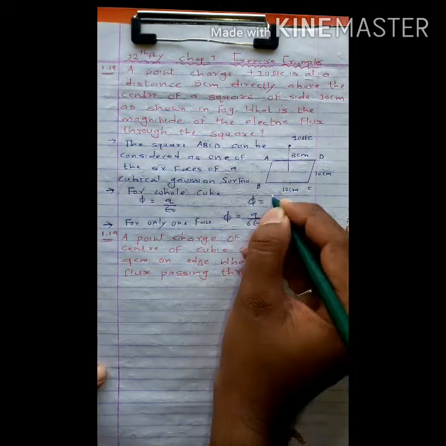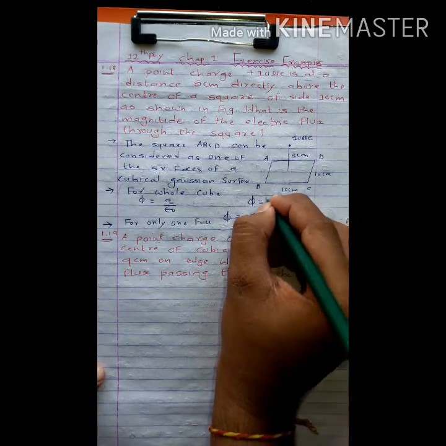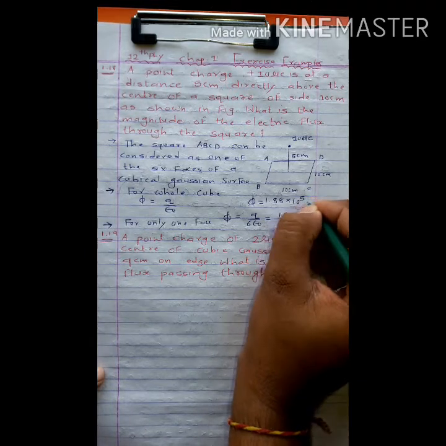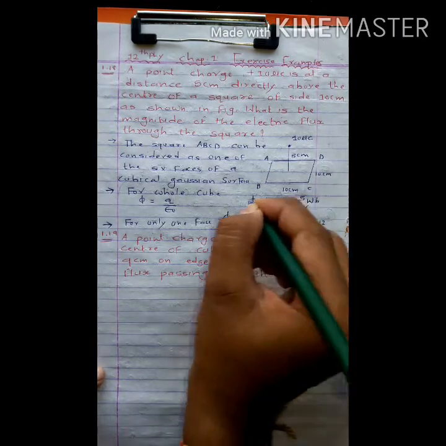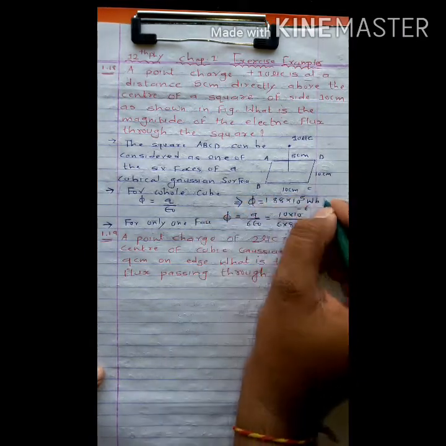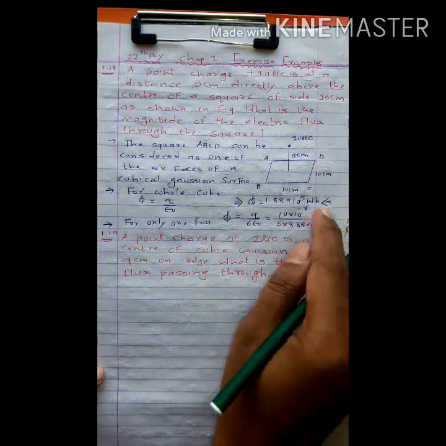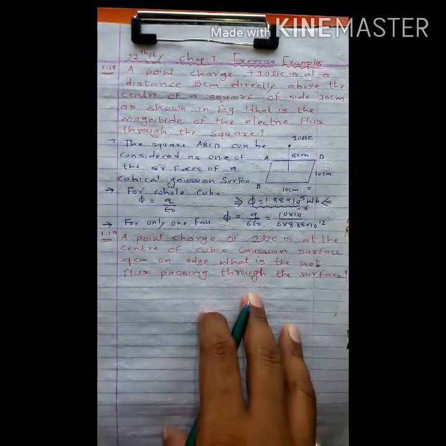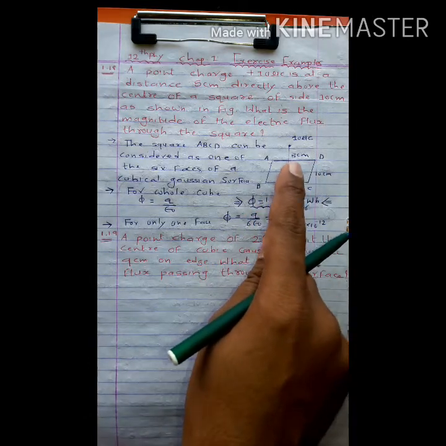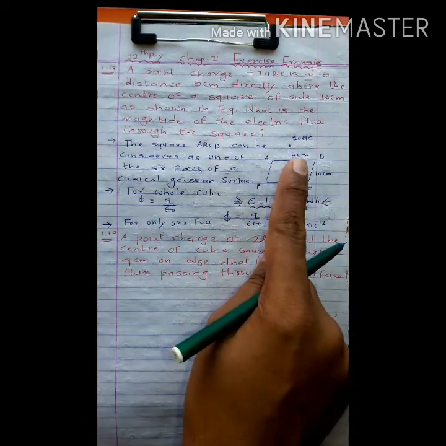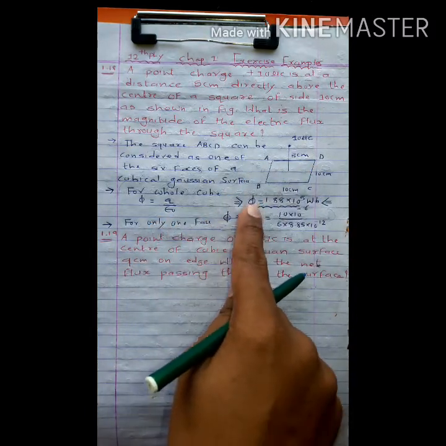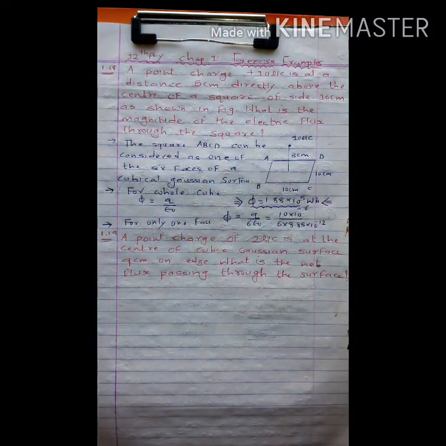Your final answer is 1.88 into 10 to the power 5 Weber. So the flux linked with this surface is 1.88 into 10 to the power 5 Weber. This is one face of a cubical Gaussian surface, so flux becomes q upon 6 epsilon 0.